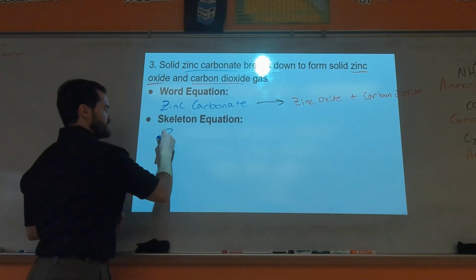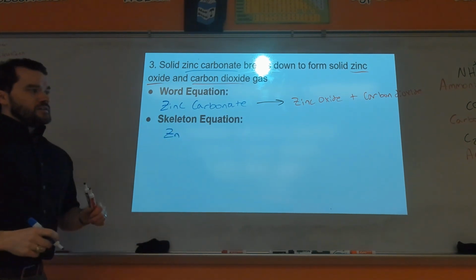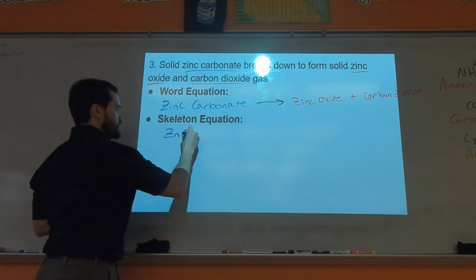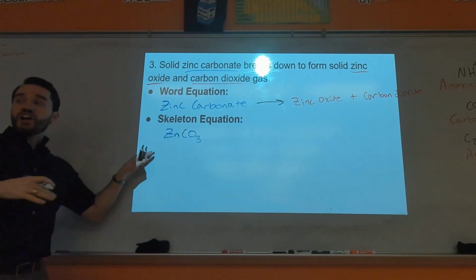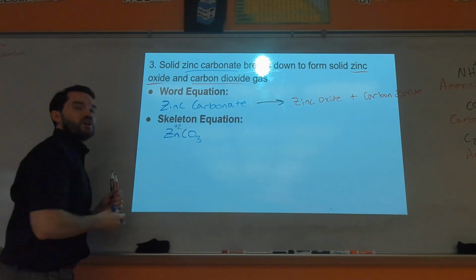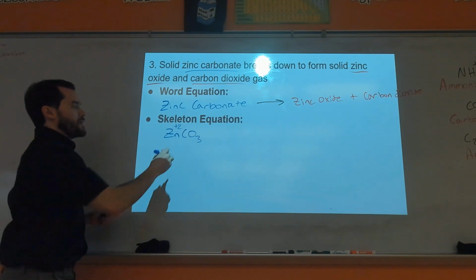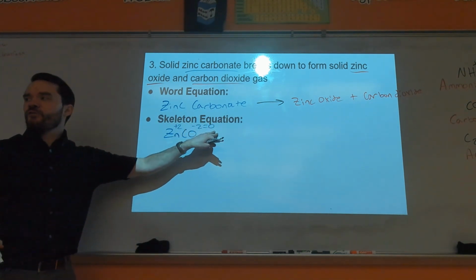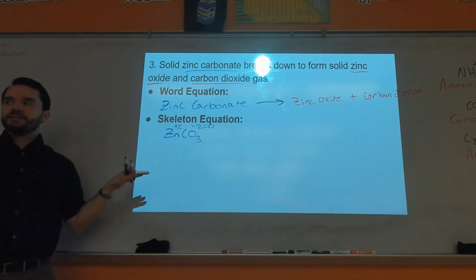Zinc is Zn. Carbonate's one of your polyatomic ions. CO3. Let's check our charges. Zinc is an exception to the transition metals. It's always a +2 charge. Carbonate's a -2. So because those charges go to 0, you can just leave it like that.